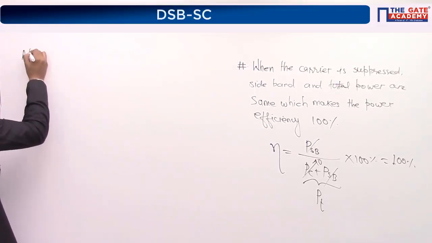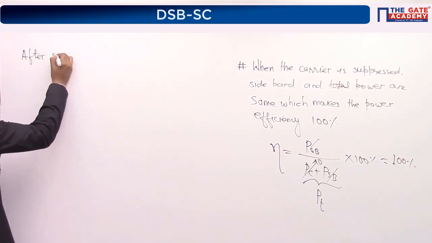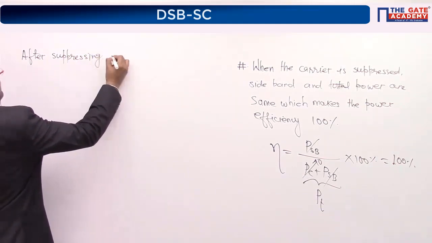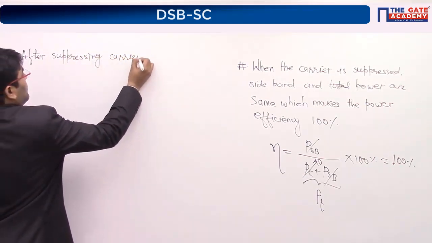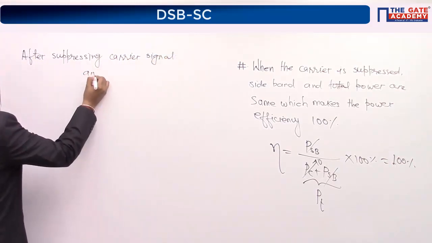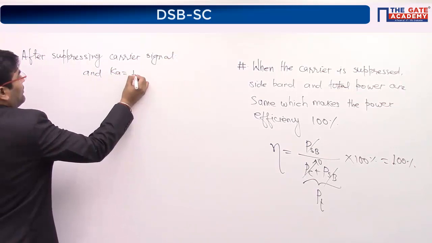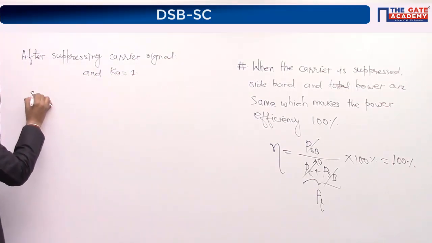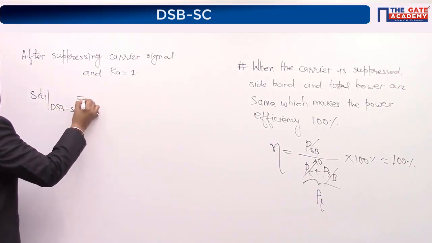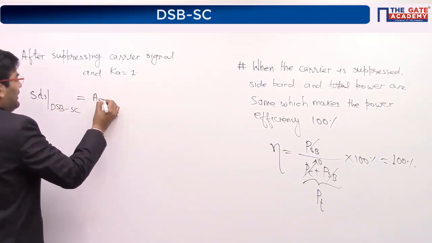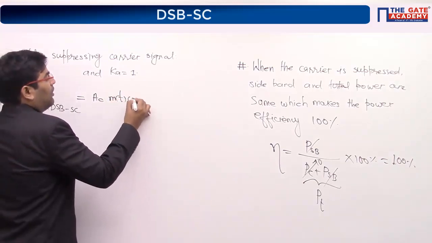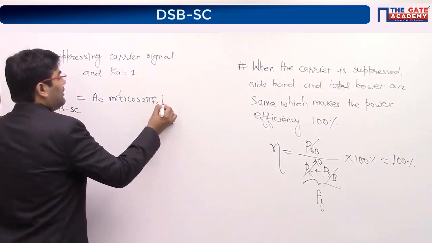So after suppressing the carrier signal and putting k equal to 1, we get the standard time domain equation for DSB suppressed carrier as s(t) = Ac m(t) cos(2 pi fc t).